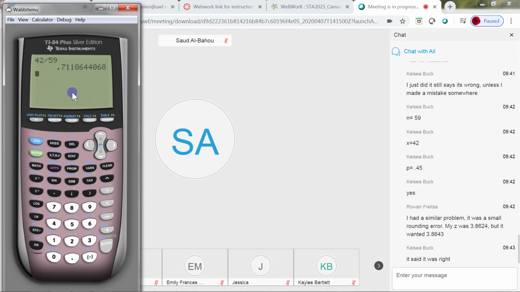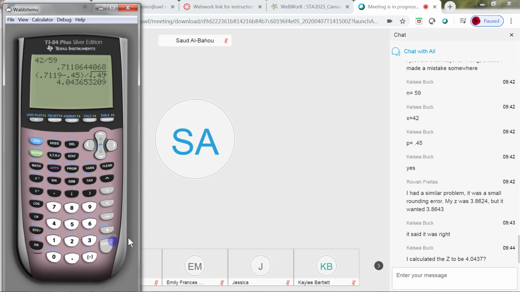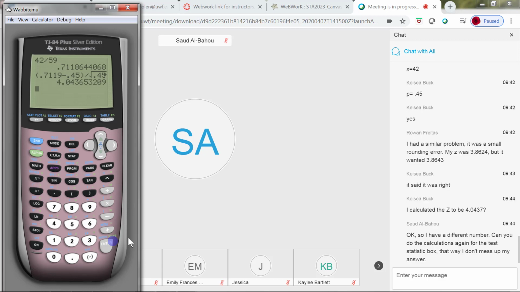Okay, so Kelsa, let's see here. So we're going to have parentheses, 0.7119 minus 0.45, close parentheses, divided by square root of 0.45 times 0.55 divided by 59, and I get 4.0437.